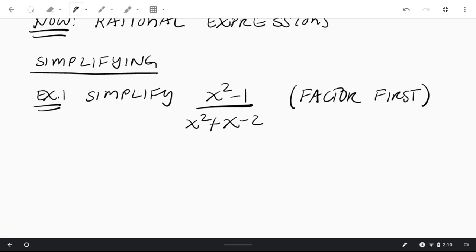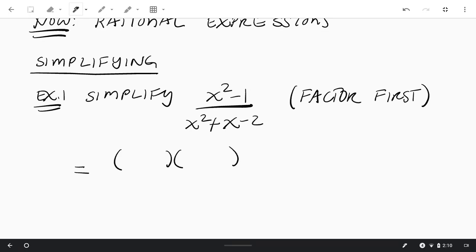So the numerator, we have x squared minus 1. Hopefully you all recognize that as difference of squares. If we have difference of squares, that's always going to factor out as x plus 1, x minus 1.